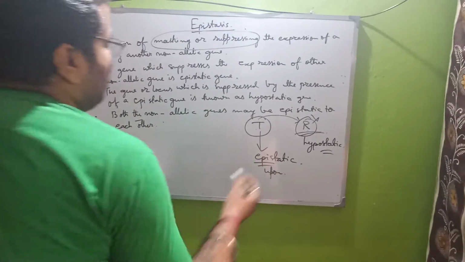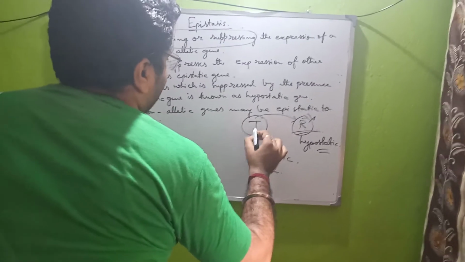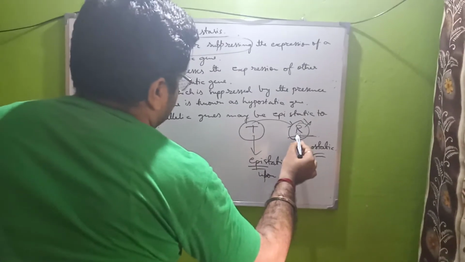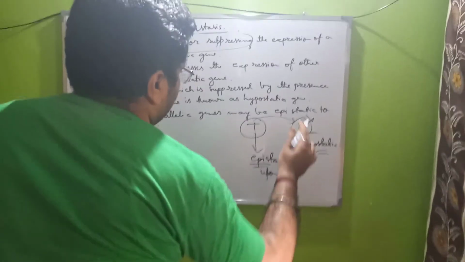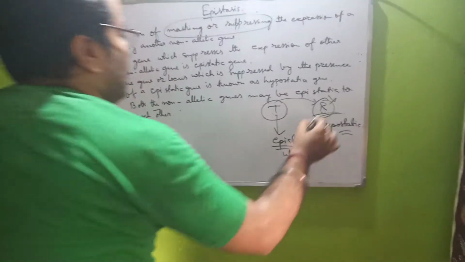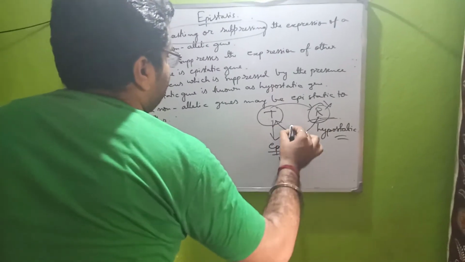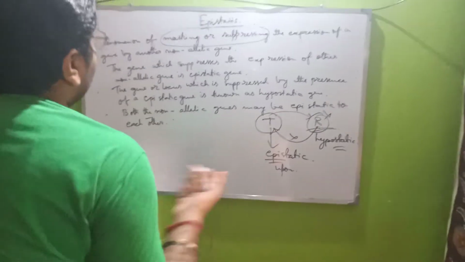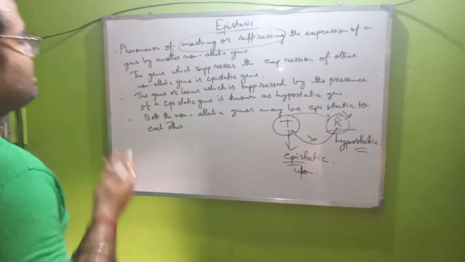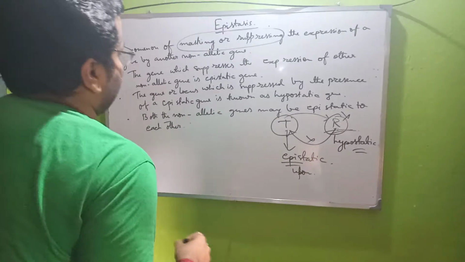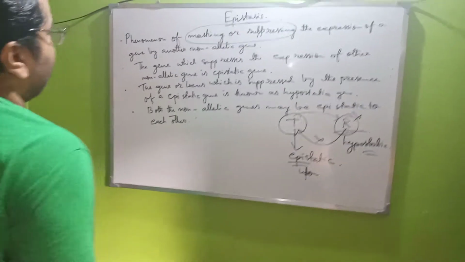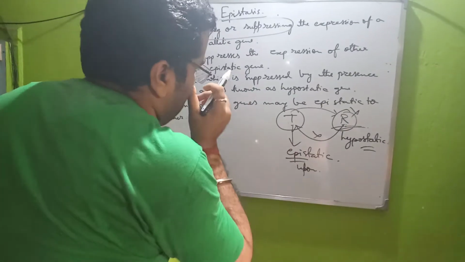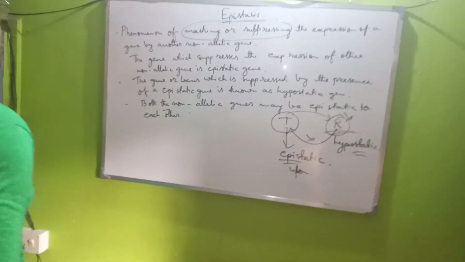Now it can also be like that there are two genes, that is T and R. Now T is suppressing R, not allowing the R gene to express itself, whereas R is also not allowing the T gene to express itself. It is like two friends in a class. Both want to give the answer, but when you raise up your hand, your friend pulls your hand down, and when your friend puts up his hand, then you put down his hand by pushing him.